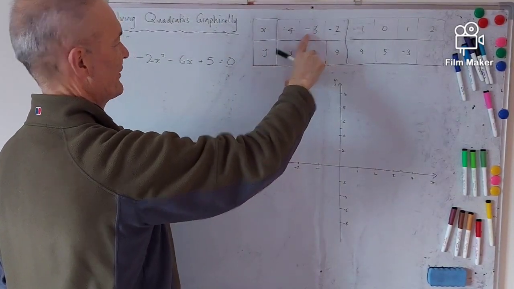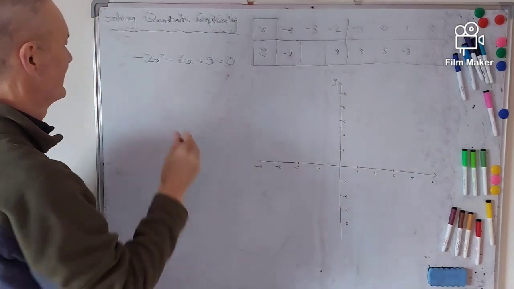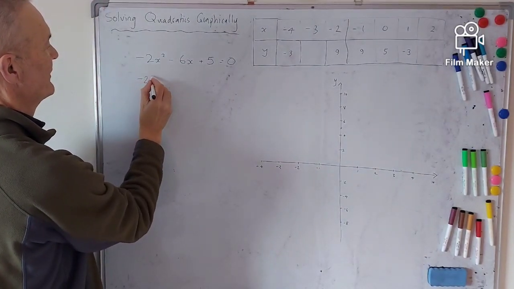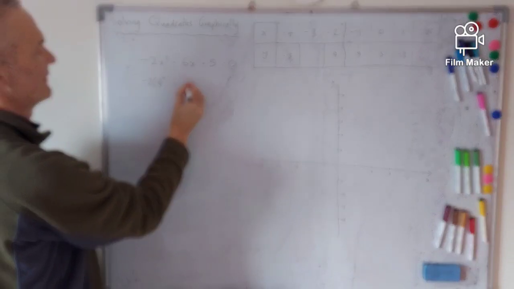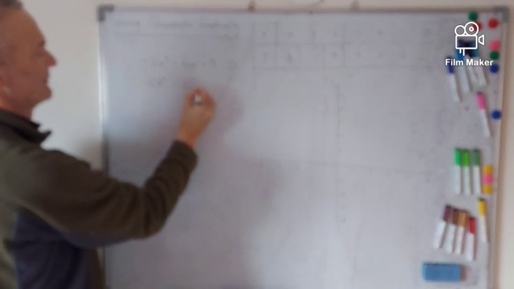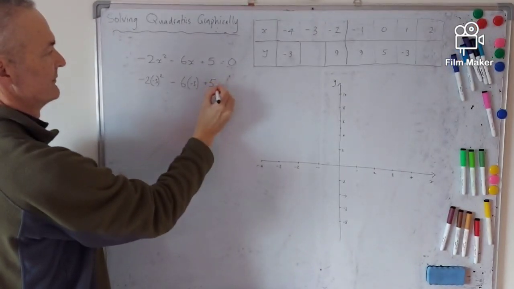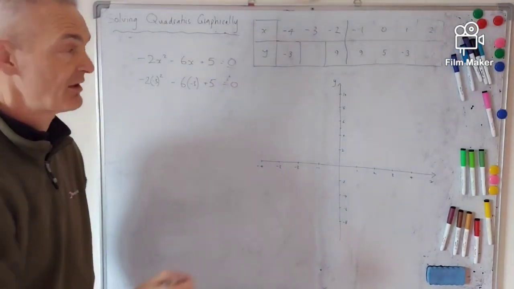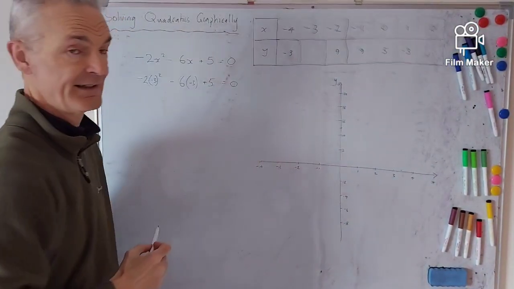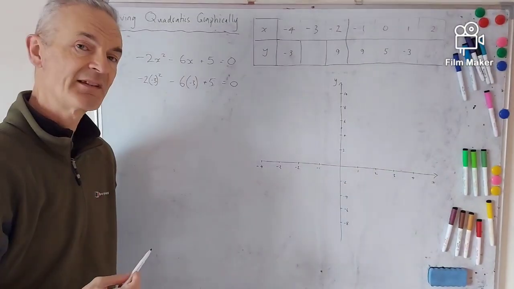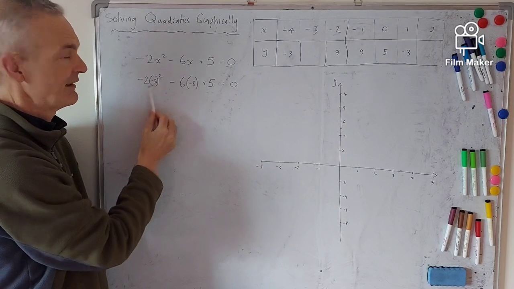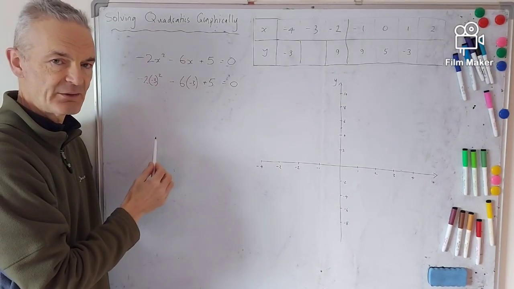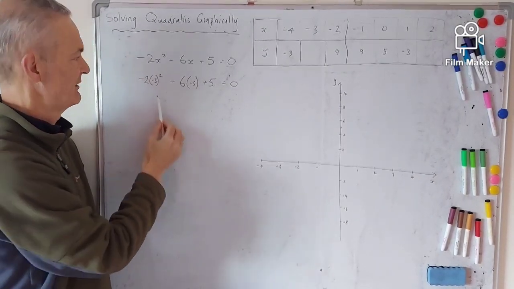So I'm going to put -3 where I see x. So if I write -2, and I'm going to substitute in there -3. Like so. So I've substituted that in. You've got to be careful with the signs here. So remember, -3 squared is -3 times -3, which is 9.